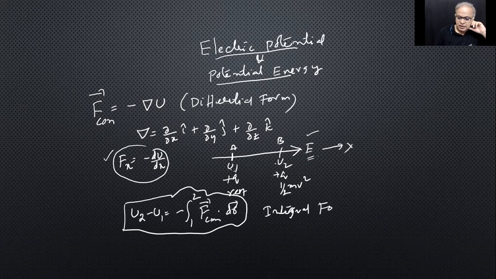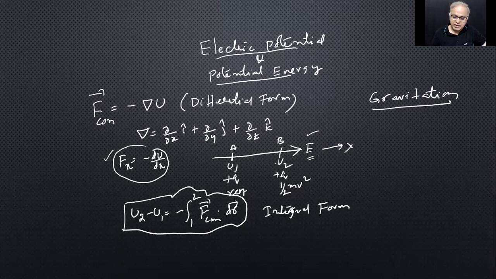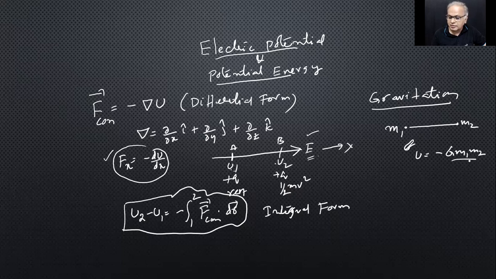And remember, this is defined in a very generalized way. We applied it already in the lesson called gravitation. Gravitational potential we defined. And for example, gravitational potential energy of 2 point masses, we wrote as what? U equals minus G m1 m2 by R.